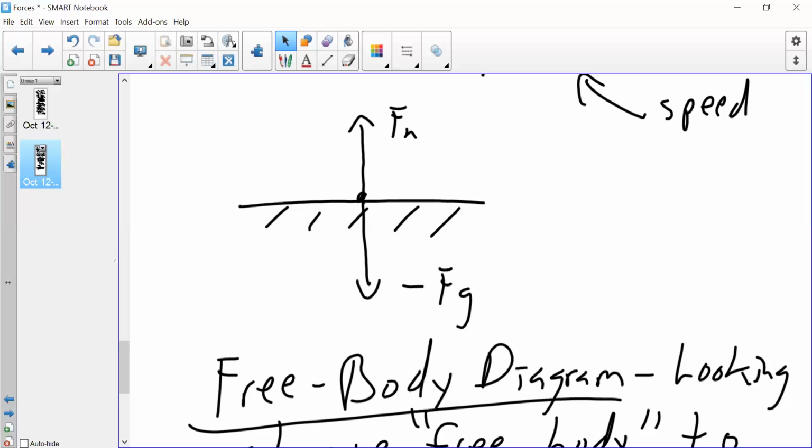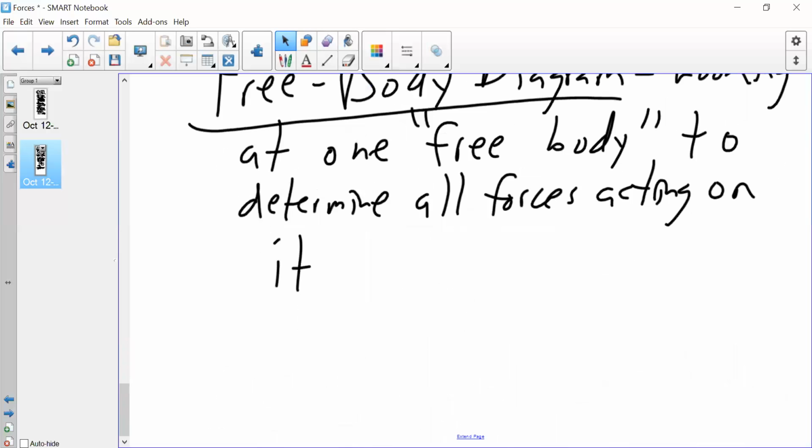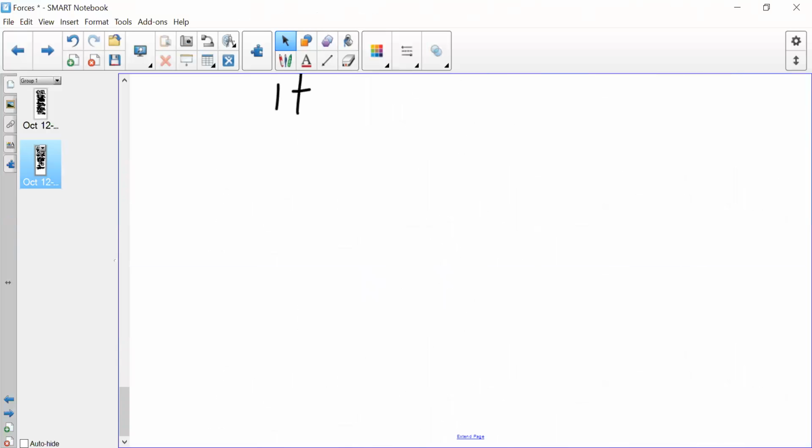Just for perspective, we can have an xy plane here. All the forces in this case are in the vertical axis. So that's the pictorial form of the free body diagram.